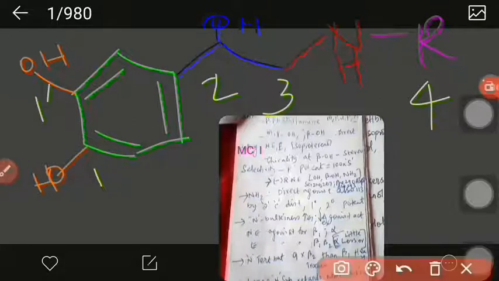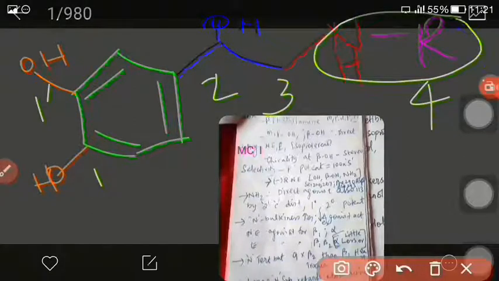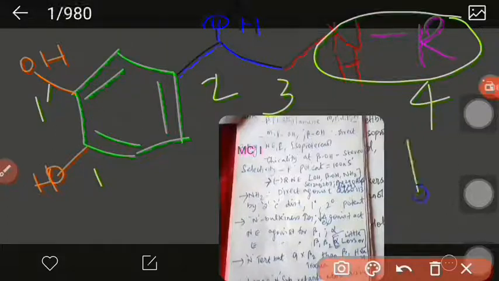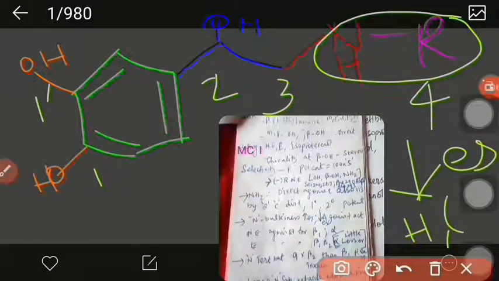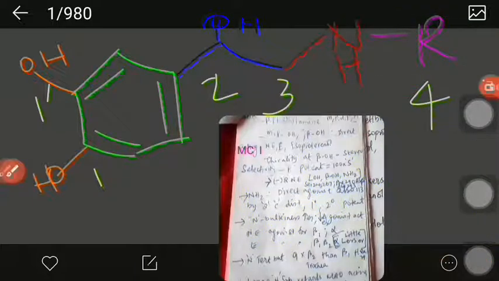Now, if the bulkiness of the R group is increased, then agonist activity decreases. If the R functional group is made very big other than H, such as CH3 or tertiary butyl, then you will have less alpha agonist activity and beta agonist activity increases.